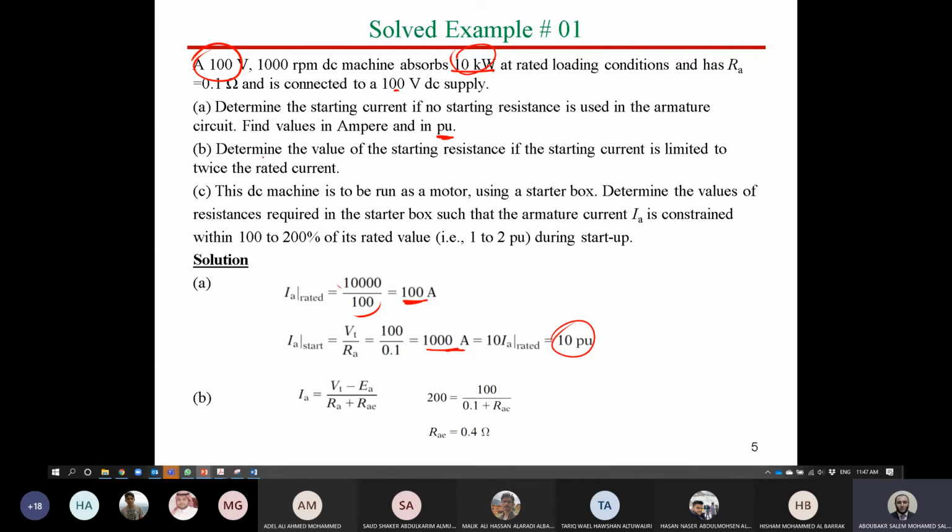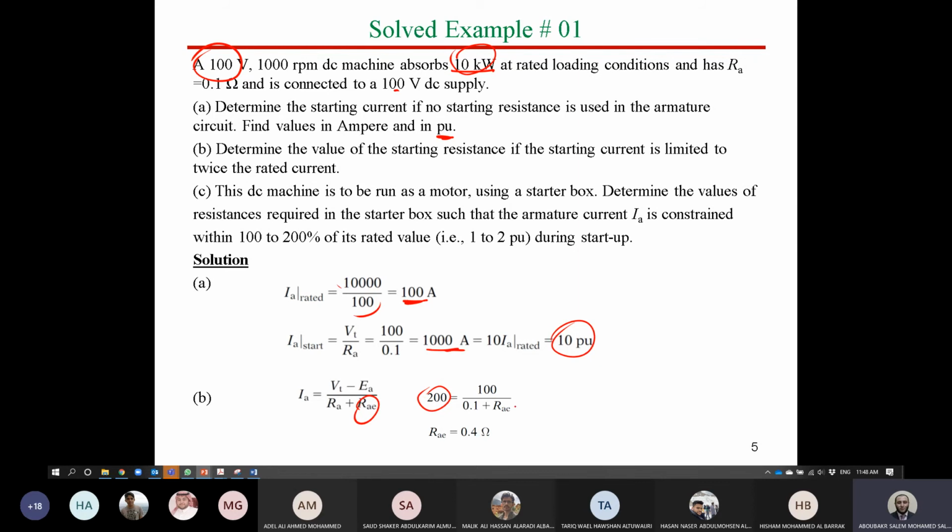Now we need to determine the value of the starting resistance if the starting current is limited to twice the rated current. For a DC motor, we should limit the current up to twice the rated current, and this is safe. How can we do that? By adding resistance. So what will be the value of the added resistance? Simply, IA equals 200 amperes when we add the rheostat.